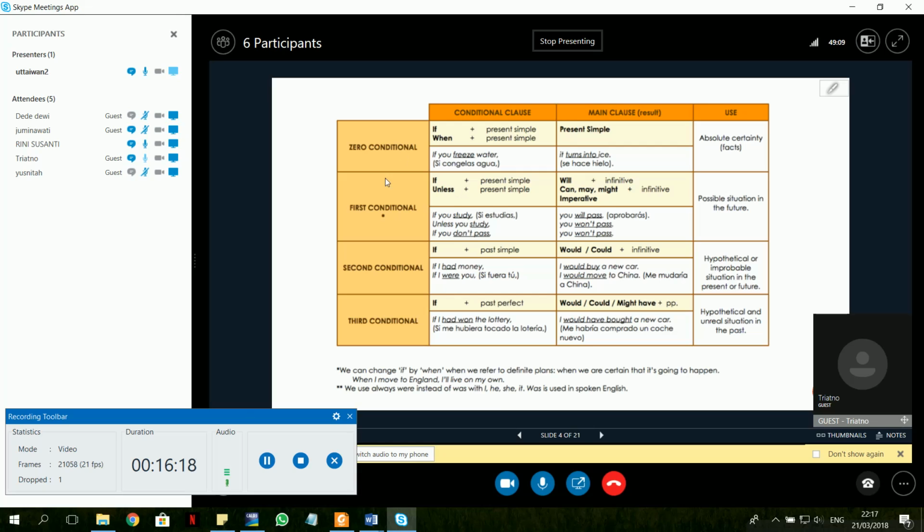The first conditional, we use if and present simple, and will and infinitive. So please remember that the first conditional is a possible situation in the future. So when you talk about something that is possible to happen, you use present tense.